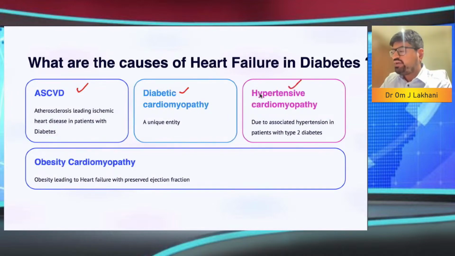We have hypertensive cardiomyopathy, where we all understand that long-standing hypertension can lead to diastolic dysfunction. And then another entity which is fast emerging to be very, very important is obesity cardiomyopathy. In fact, a lot of patients with heart failure with preserved ejection fraction, which is known as HFpEF, have heart failure secondary to obesity. And that is also an important and emerging risk factor, and that is also associated often with diabetes.